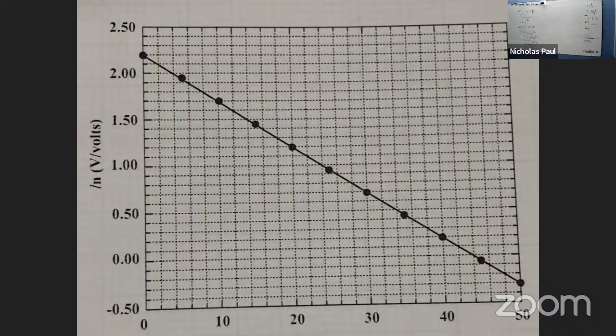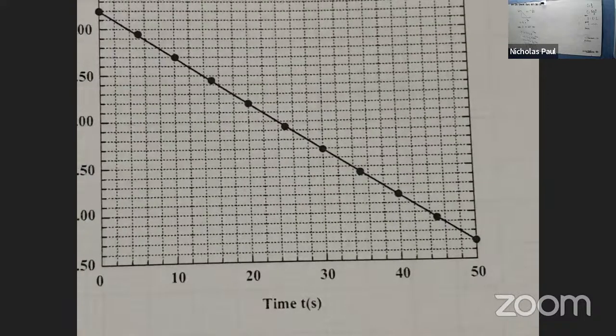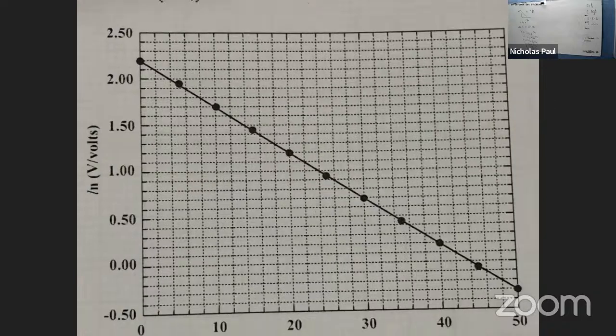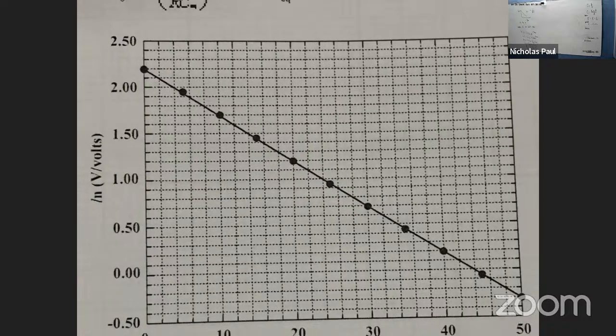Go ahead, find the gradient. Pay attention to the units, seconds and volts. But sometimes in these questions, things are in micro and 10 to the power, so look out for that in the axes. This one's straightforward. Go ahead.